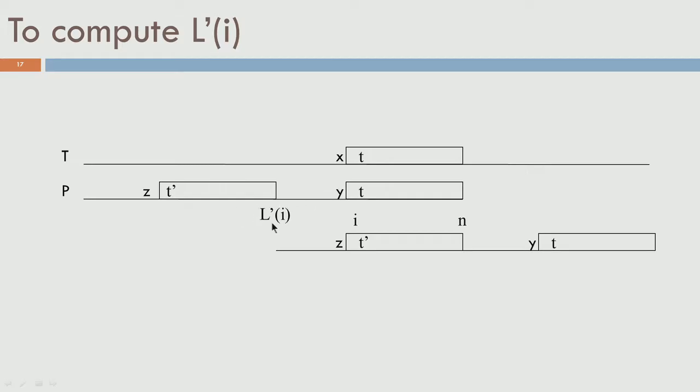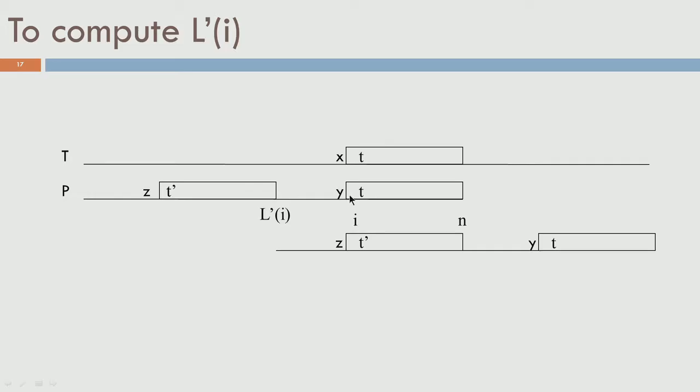We look at the largest value L prime of I such that the suffix, and recall that I is the point to the right of the mismatch, in this case I as it is marked here.